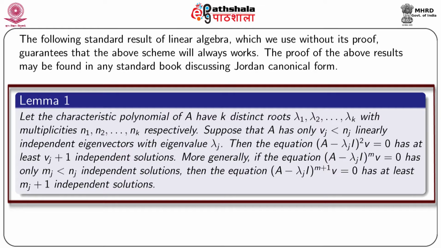More generally, if the equation (A minus lambda j I) to the power m v equal to 0 has only mj, which is less than nj, independent solutions, then the equation (A minus lambda j I) to the power m plus 1 v equal to 0 has at least mj plus 1 independent solutions. We take this result without proof and we look at how we can apply this in an example.